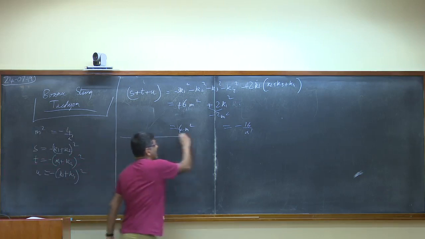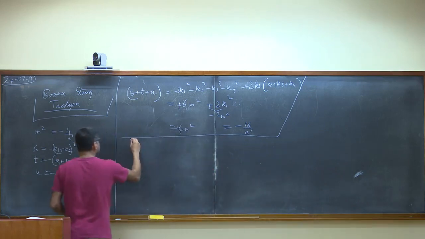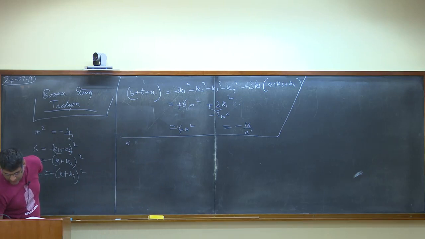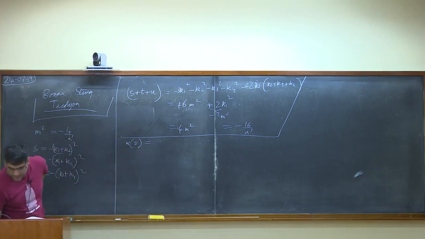Polchinski, instead of looking at S, T and U, actually often works with what he calls alpha S, which he defines.